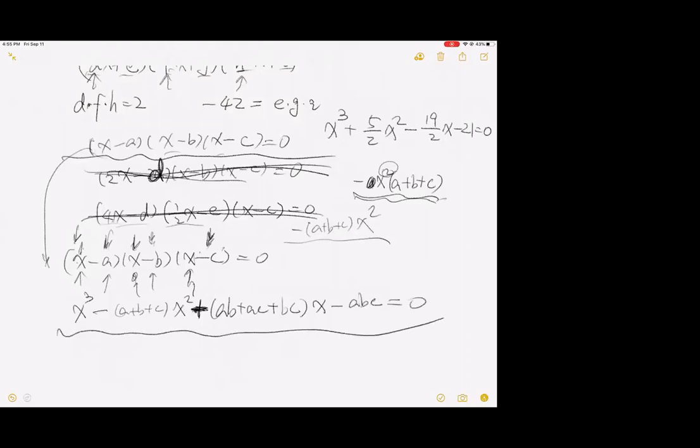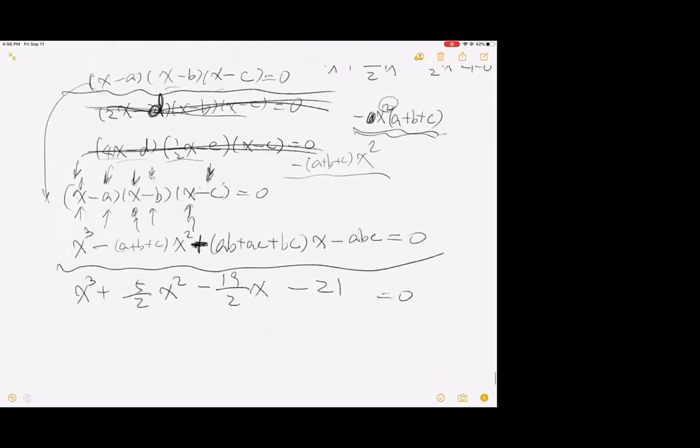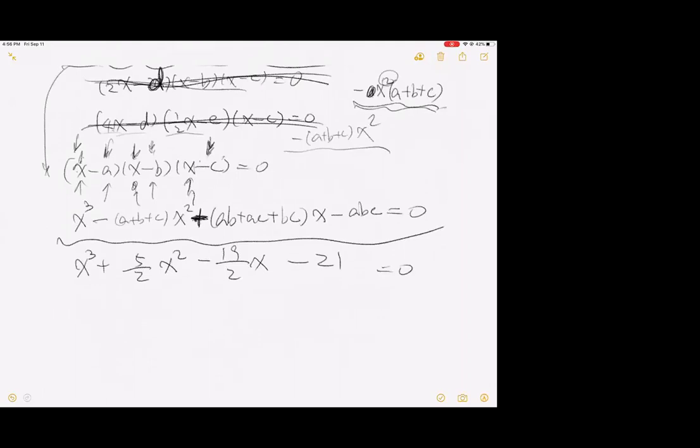So now we have this. Then you can just match each term with the other one: x cubed plus 5 over 2 x squared minus 19 over 2 x minus 21 is 0. What you're trying to find is a plus b plus c, and you can find it in the negative a plus b plus c times x squared.